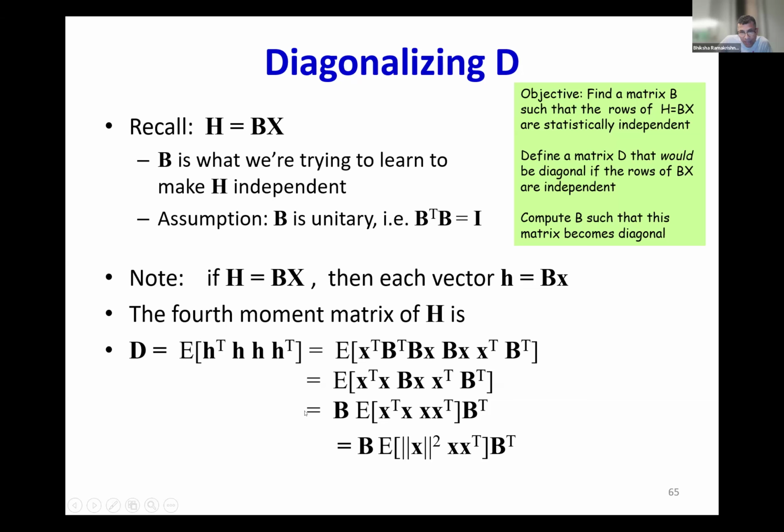You want this to be diagonal, right? Do you see that? What about the rest of you? Do you see that you need this to be diagonal? Did I lose anyone here?